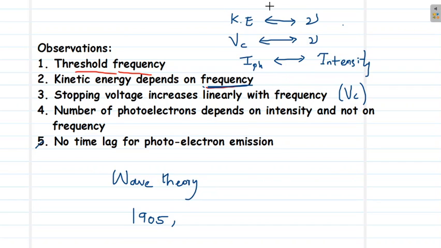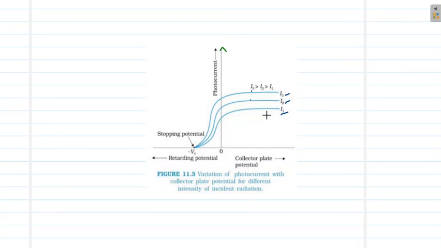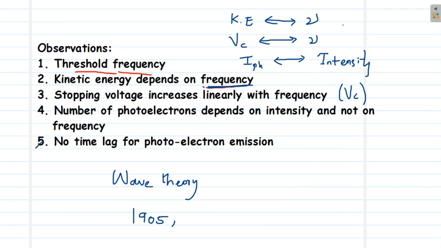The kinetic energy of the electrons depends on frequency and not on intensity. Stopping potential depends on frequency and not on intensity. Photocurrent depends on intensity and not on frequency. So here you can see that for various values of intensity, the stopping potential is one and the same. These are the specific experimental observations that we get from the photoelectric effect experiment.